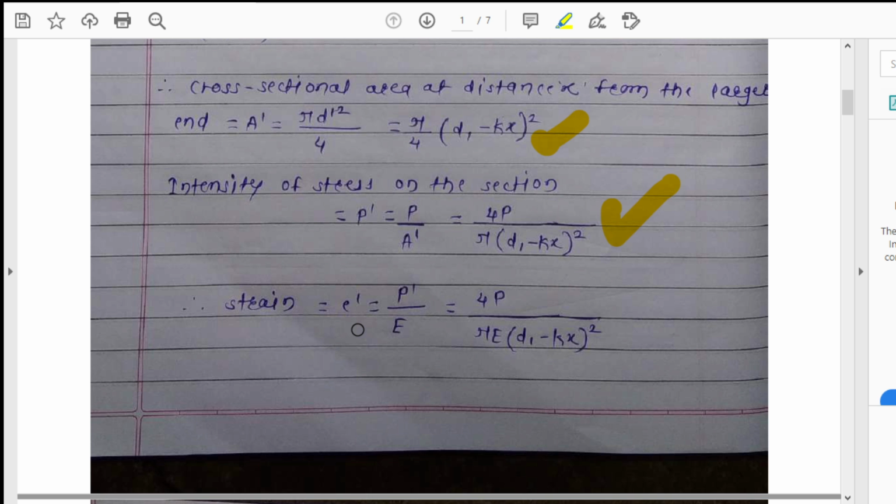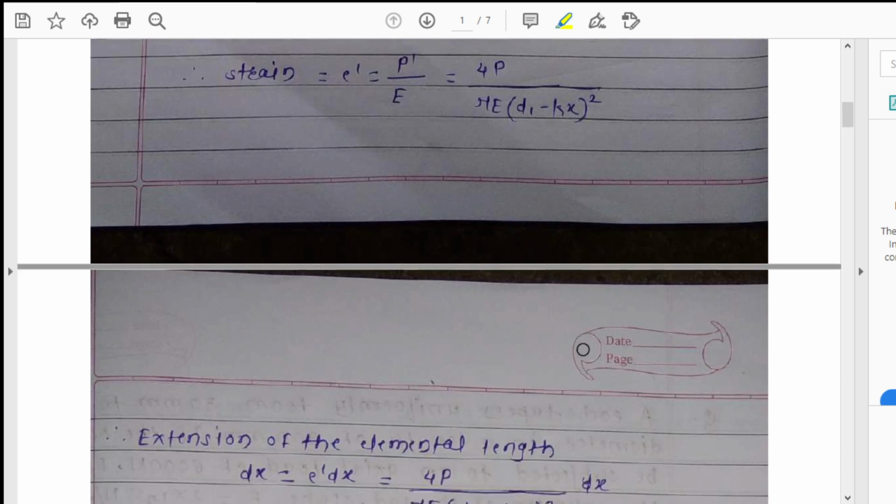Young's modulus is nothing but stress upon strain, that means tensile stress upon tensile strain or compressive stress upon compressive strain. Here we have tensile, so tensile stress upon tensile strain will be your Young's modulus. Now the value of Young's modulus we know, and it is also given in the numerical. So we can find the strain intensity as e dash equals p dash upon E, that means 4P upon pi E (d1 minus kx) bracket square.